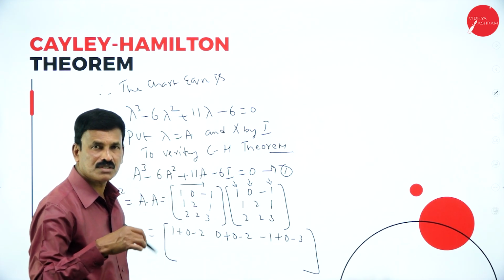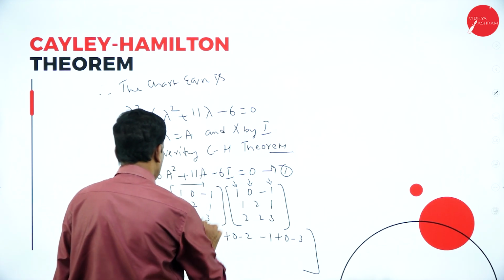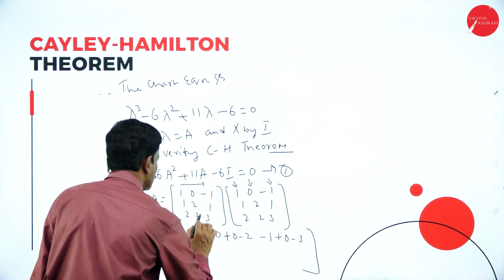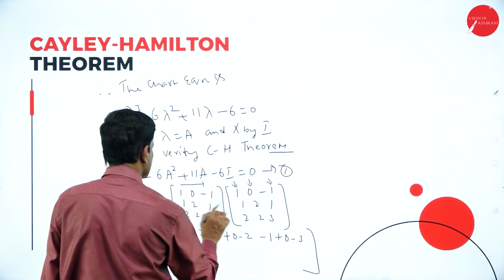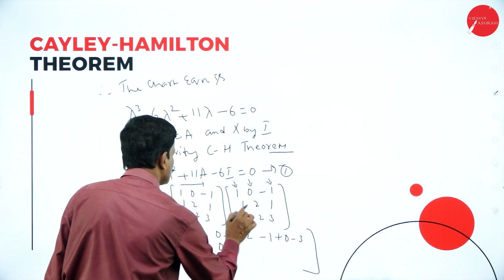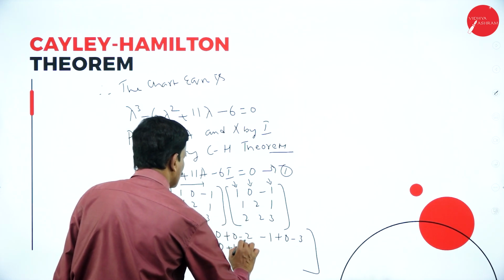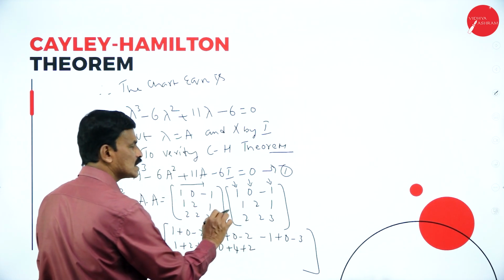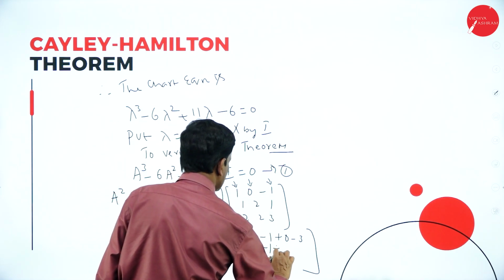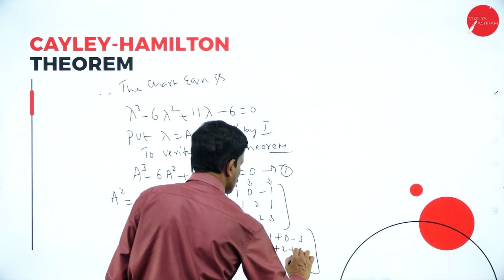Now second row, first column: 1 into 1 is 1, 2 into 1 is 2, plus 1 into 2 is 2. Second column: 1 into 0 is 0, 2 into 2 is 4, 1 into 2 is 2. Last column: 1 into minus 1 is minus 1, plus 1 into 2 is 2, plus 1 into 3 is 3.